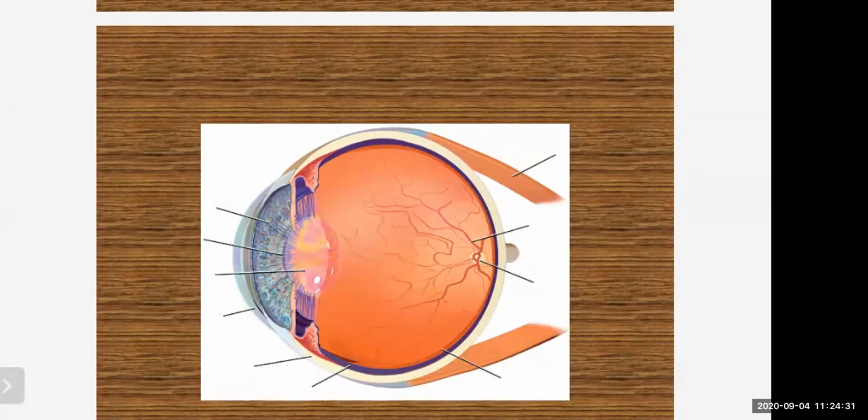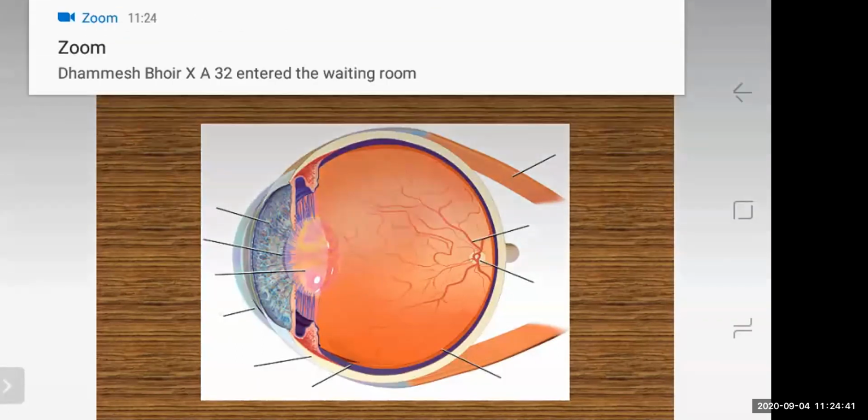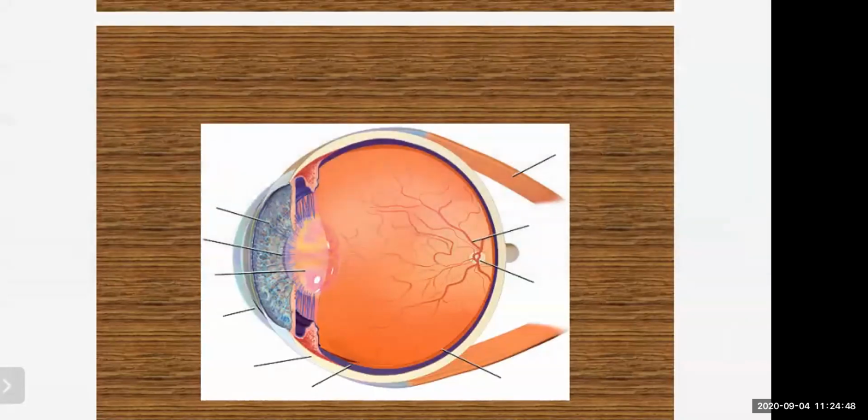The capacity of a lens to change its focal length as per the need is called the power of accommodation. Underline this word, power of accommodation, students. What is meant by power of accommodation? The capacity of the lens to change the focal length as per the need. So that is called the power of accommodation.